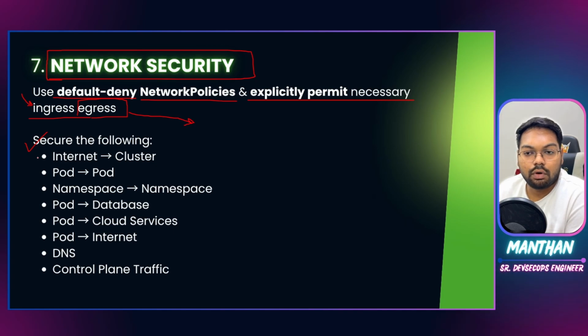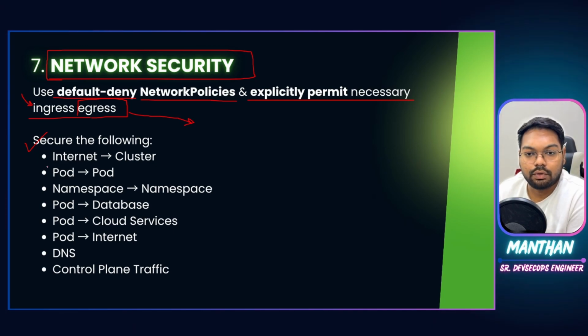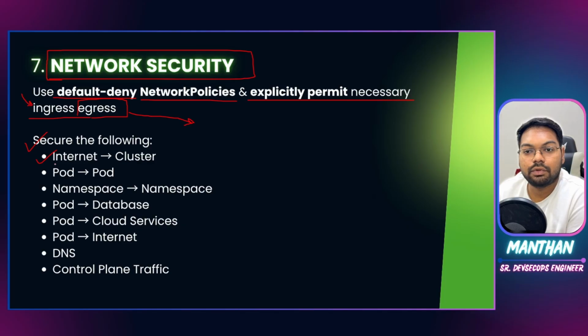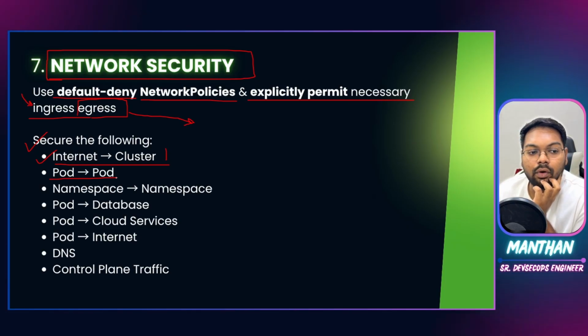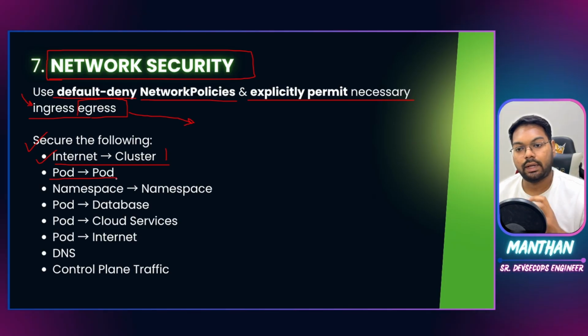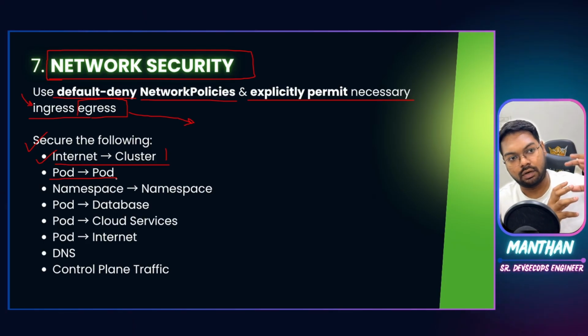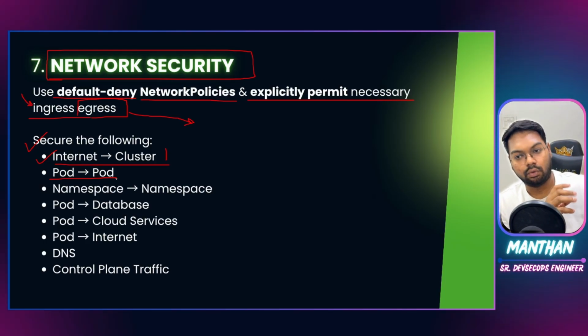So then comes the security for the following stuff. What paths you should secure. So internet to cluster access should be secured, the network and the routes that are there. Then you need to check whether pod to pod communication is enabled or not. How secure is that? If one pod can communicate with a pod which is in another node, should that be accessible?